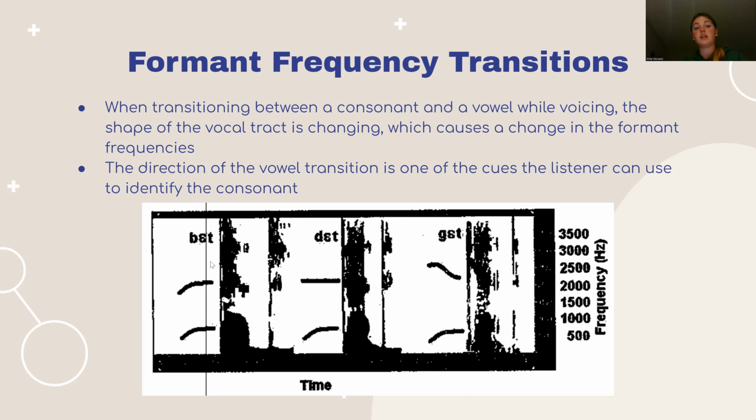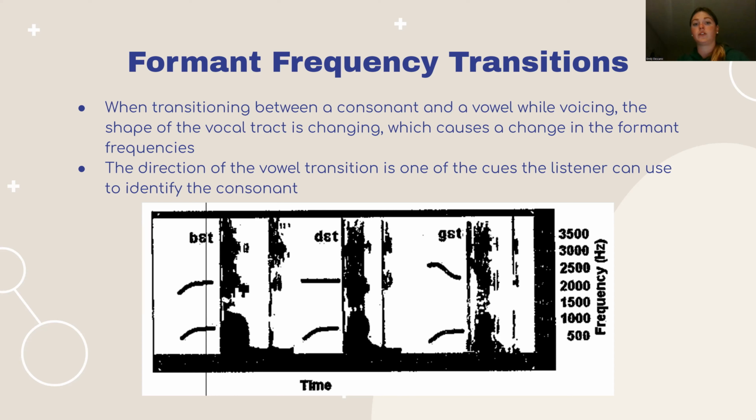When we go from a B to that vowel, it raises a little bit in frequency. When we go from a D to that vowel, it stays flat in one formant, and the other formant changes similarly to bet. And then when we do get, we can kind of feel that vowel formant frequency go down in pitch a little bit.